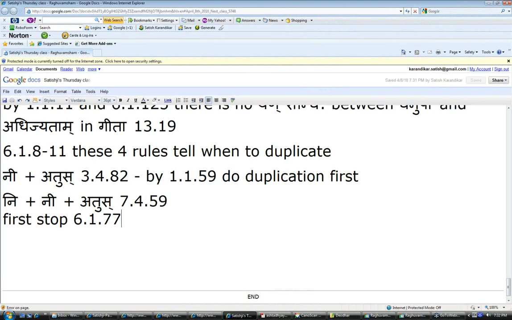But the question is, we don't just stop applying sutras because we got the right form. This is a computer program. I keep telling you, this Ashtadhyayi is a 4,000-line computer program. The program is not going to stop just because you got what you want. It's going to run the entire program.